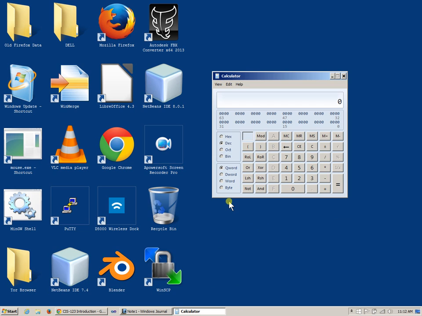I normally switch it to byte size. You can see that it currently displays 8 digits. So 0 in byte size, which is 8 bits, is 8 zeros. Here I can switch between the hexadecimal notation, the decimal notation, even octal if I need to, and of course the binary notation.